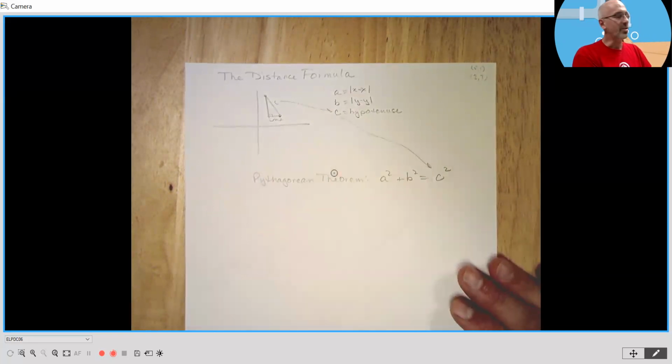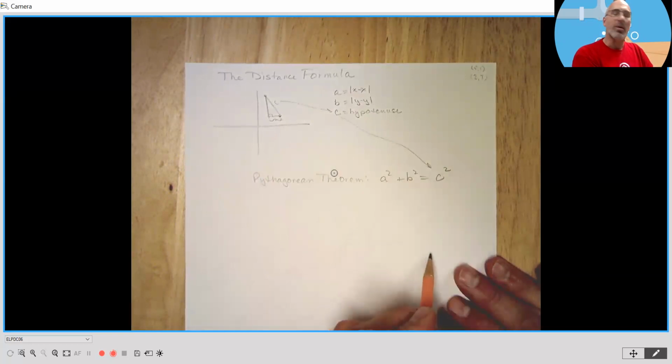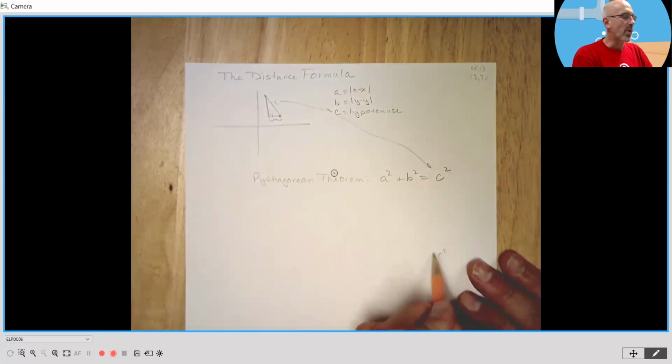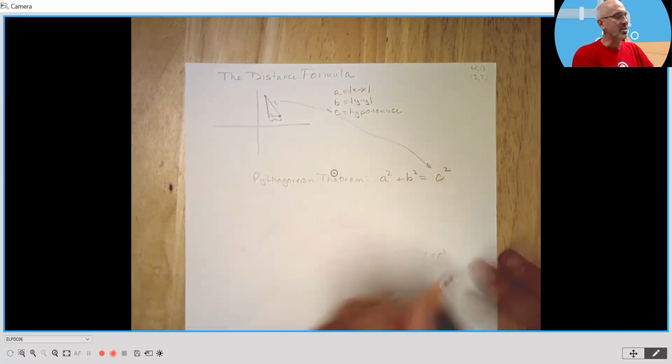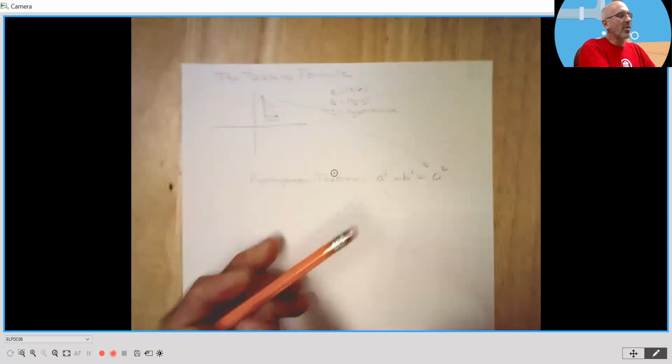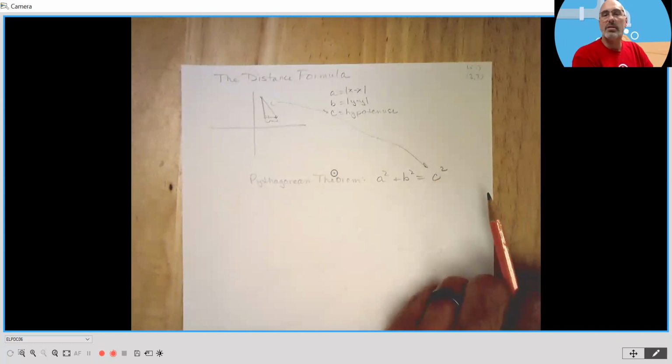Here's what we're going to do. At the very end, if you remember, we ended up with C squared equals some number, and we took the square root of each side. So we never really messed with this C squared. What we are going to do is take the square root of both sides first.